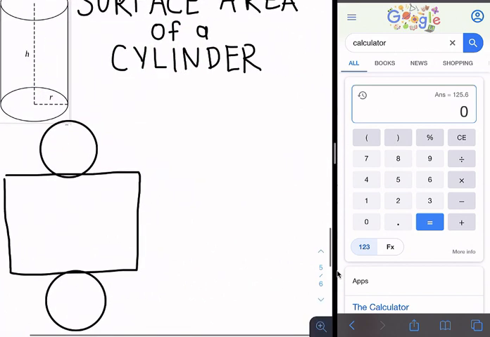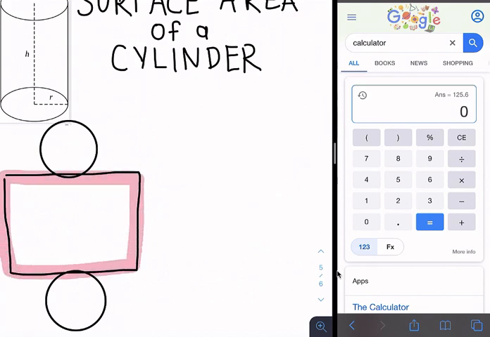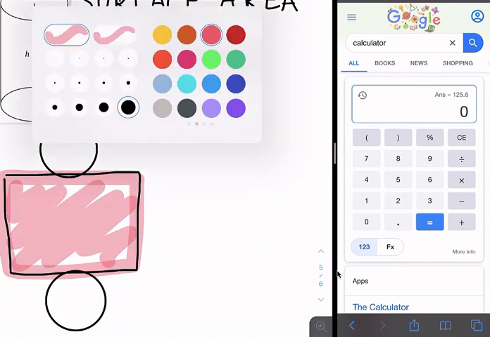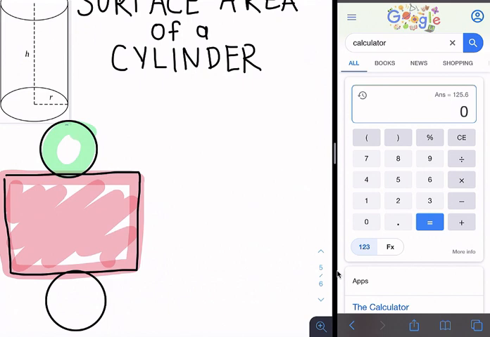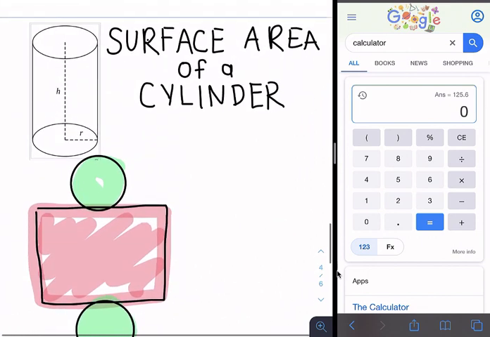So, to find the total surface area, we have to find the area of this rectangle as well as the two circles. Now, here's how this works. We had this right here, which is the height.